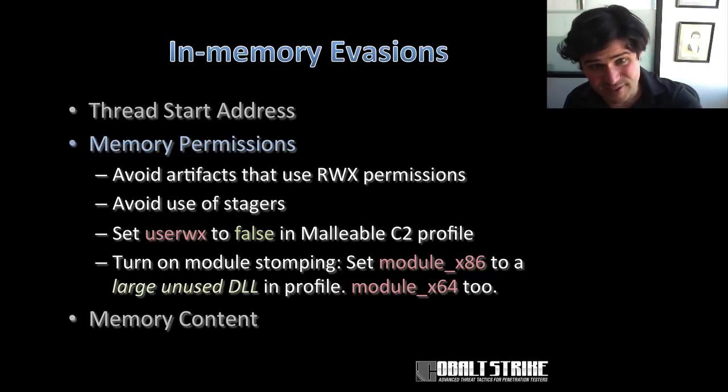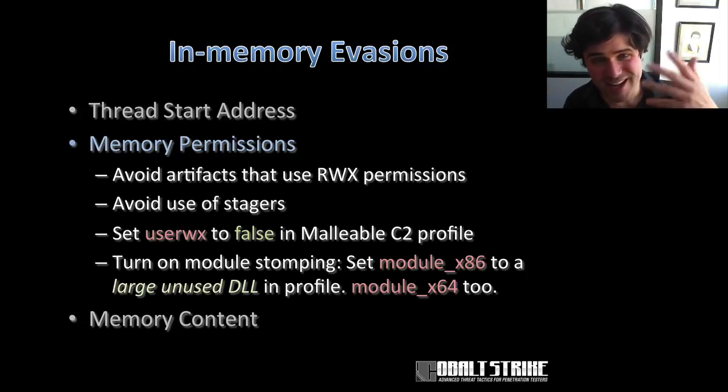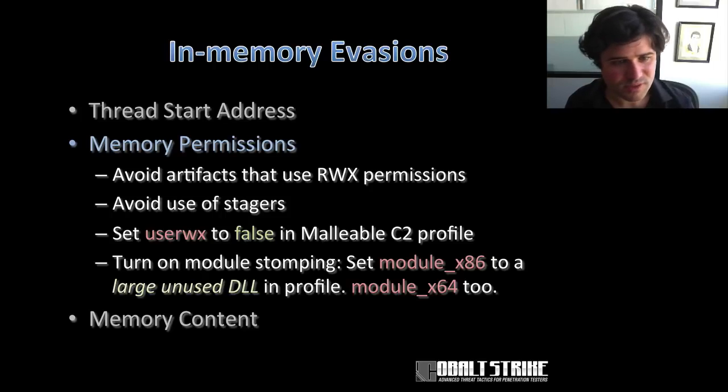And instead of allocating new memory, beacon overwrites that DLL and copies your initialized beacon there. So that's pretty cool. That is a great way to have memory permissions that make sense.